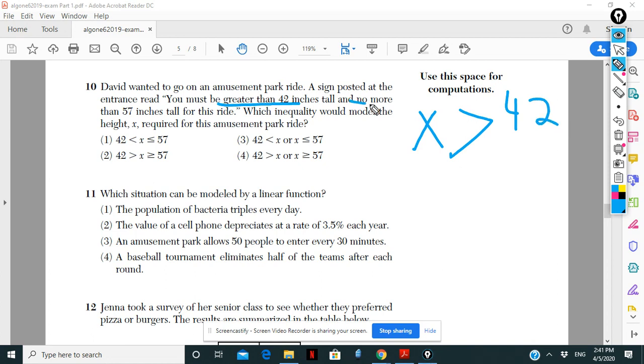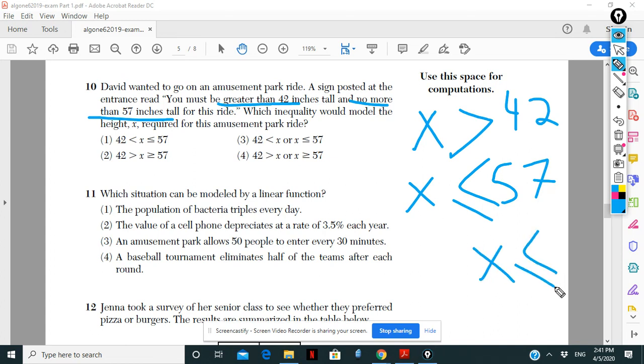And he said not more than 57. And greater than, he didn't accept 42. It was clear. You must be greater. So 42 not accepted. But when he said no more than 57, so the 57 is accepted. So when I write this or combine this inequality, it should be less than or equal to 57, but at the same time it should be more than 42. So the answer is 1.